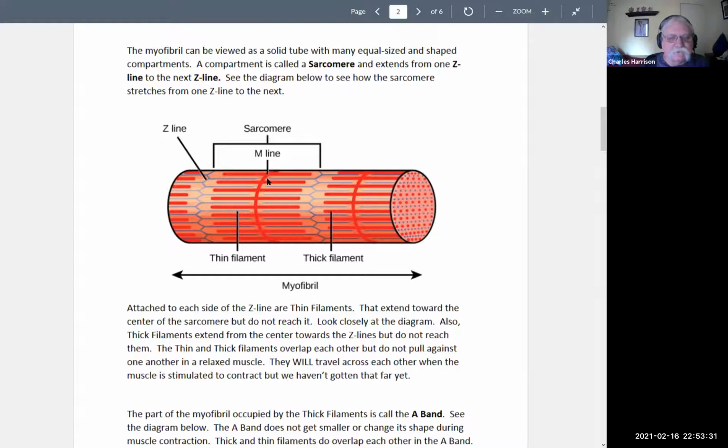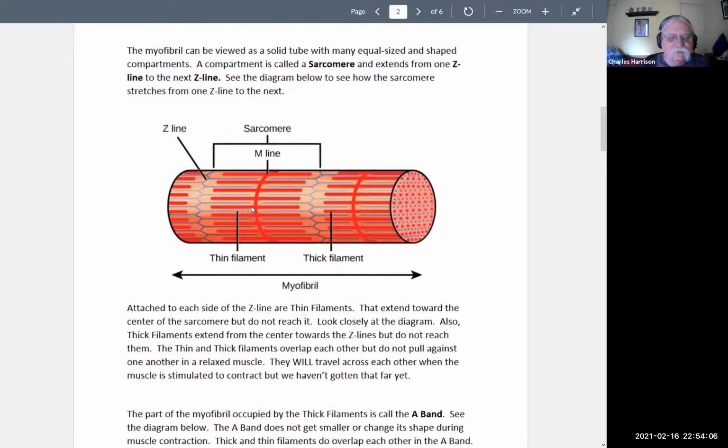The center of the sarcomere has the M line. No book will tell you this, but M just simply stands for middle. The thick filaments attach to the M line. The thin filaments attach to the Z line.